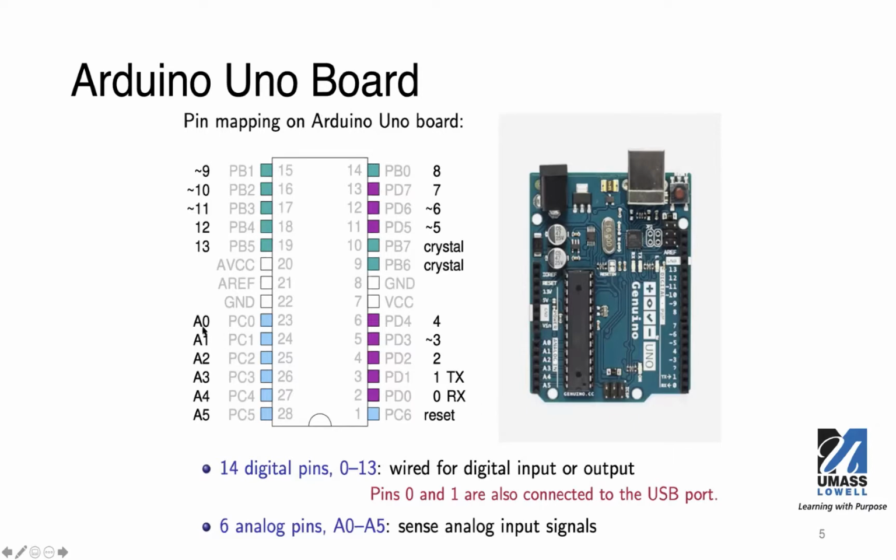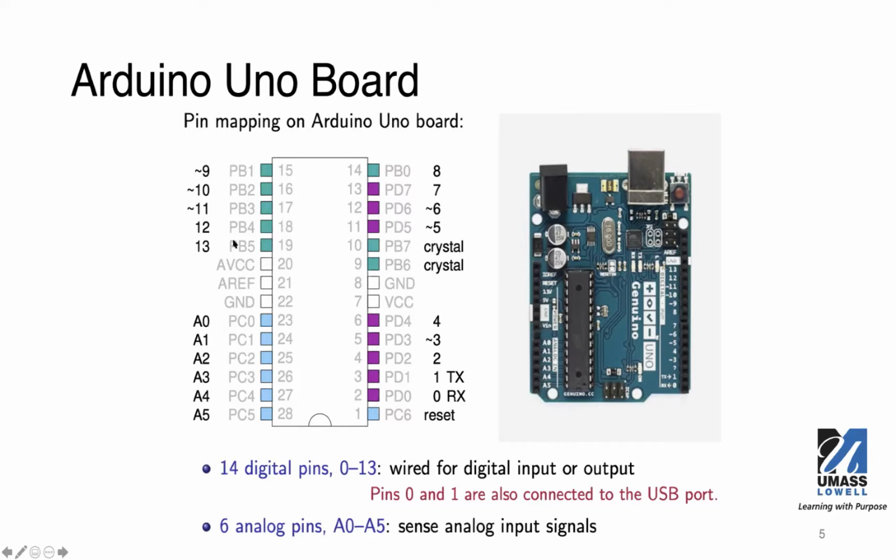And some are labeled as analog, for example, from A0 to A5, and these other ones are marked as digital. There are 14 digital pins numbered from 0 to 13. They can be used for digital input or output. And pin 0 and 1 are also connected to the USB port. There are 6 analog pins labeled as A0 to A5, but in fact they map to port C from PC0 to PC5. And those are analog input signals.